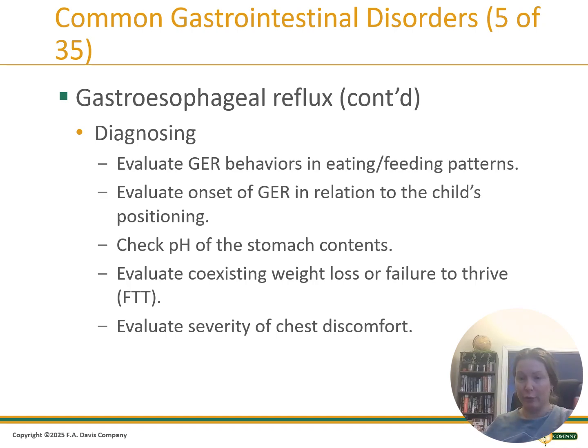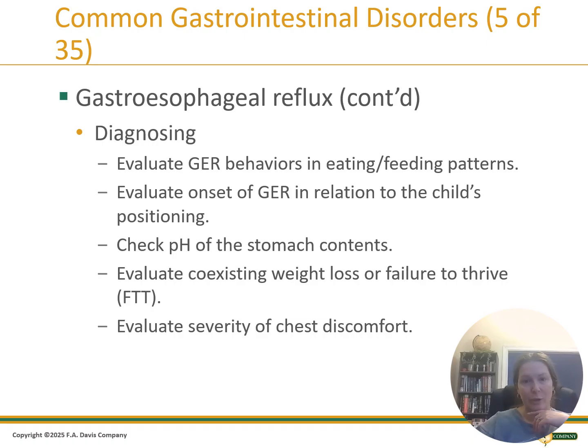So whether they're supine, prone, if it's 15 minutes after feeding, when are they displaying certain behaviors? So we're going to want to check the gastric pH to confirm that this is an acid reflux. We want to assess their weight and look for any failure to thrive in these infants.